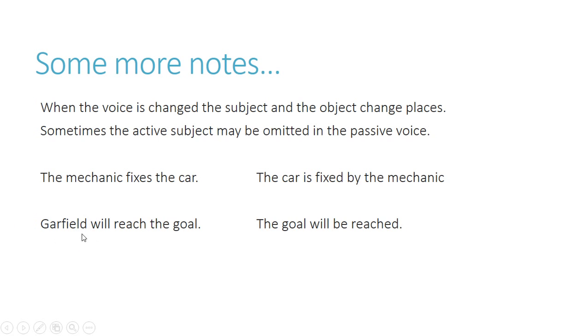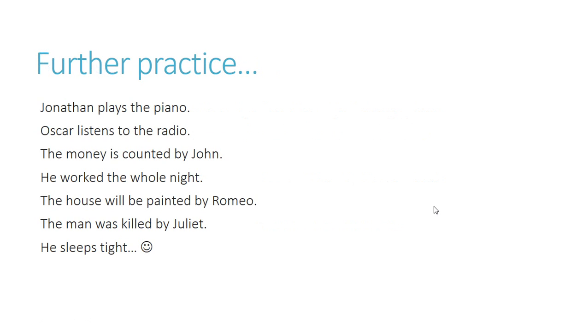We are saying that the subject will reach the goal. And in passive voice, we can just say, the goal will be reached. So we have no subject, not a receiver for the action. And well, we are gonna practice a little bit more.